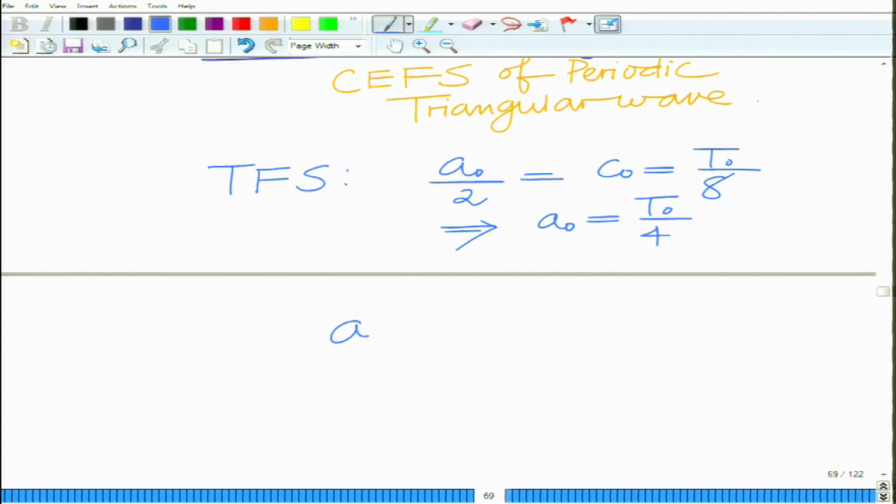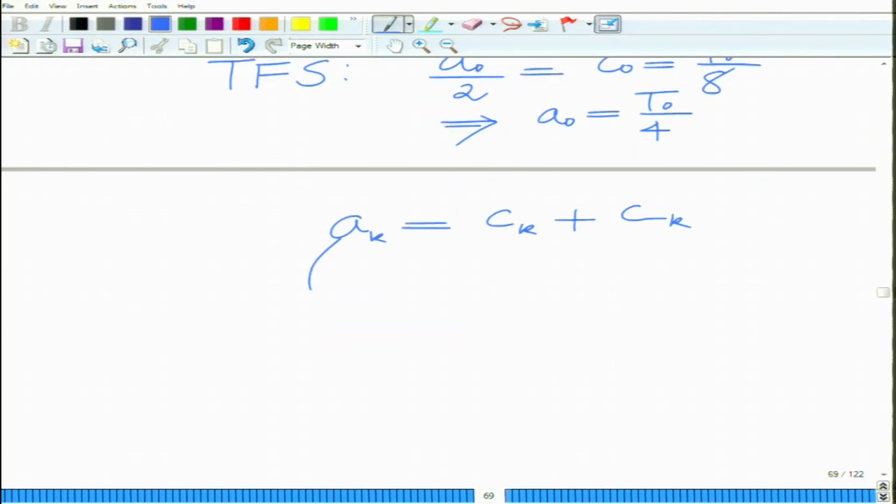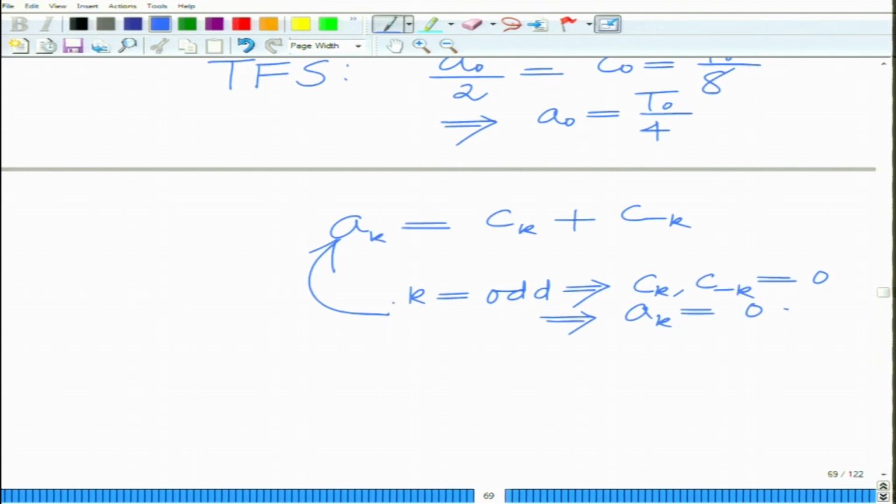Now, A k for k not equal to 0 equals C k plus C of minus k. Now, of course, if k is odd, C k and C minus k equals 0, this implies A k equals 0.